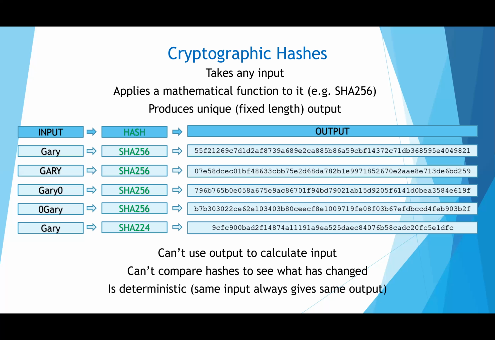So if I run the SHA-256 algorithm on Gary, I'll get 55F blah, blah, blah. If either of the Chris's run the same algorithm on Gary, they will also get 55F blah, blah, blah. So a very, very useful thing, cryptographic hashes, and we'll see how they're used in a minute.